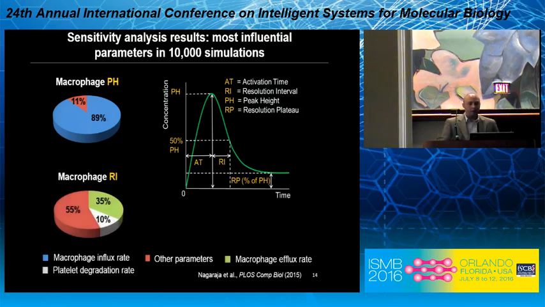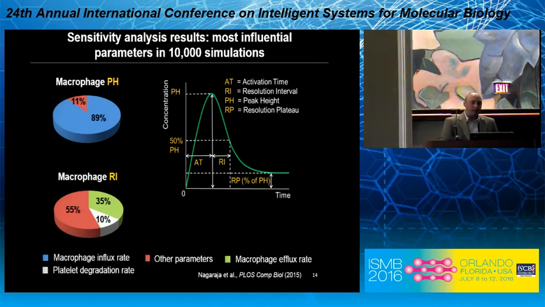As another illustration here, I'm giving you the results for the resolution interval for macrophages. And we can see that in 35% of the 10,000 simulations, the single most influential parameter affecting macrophage resolution interval was the rate of macrophage efflux out of the wound. In another 10% of the simulations, this most influential parameter was the platelet degradation rate.